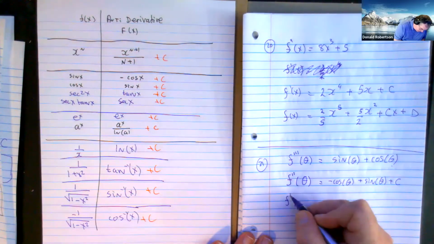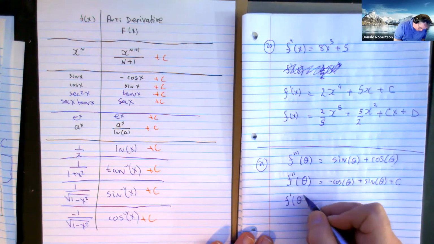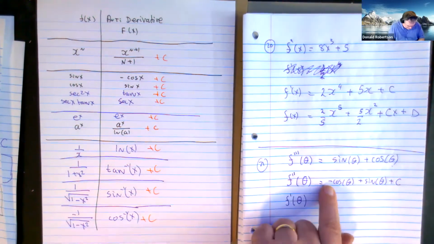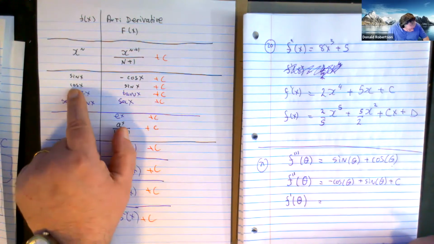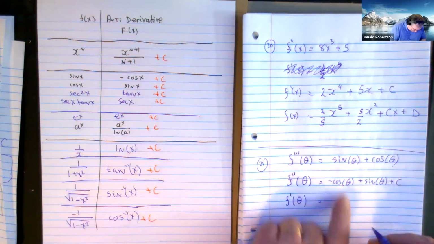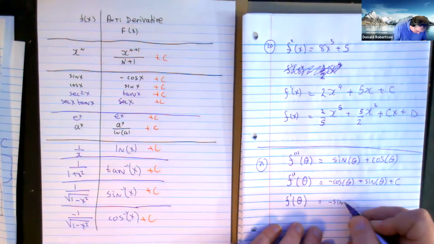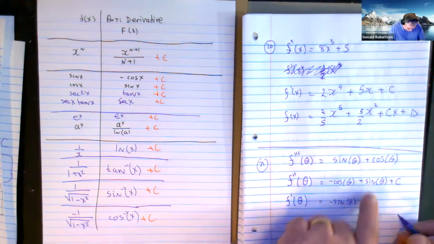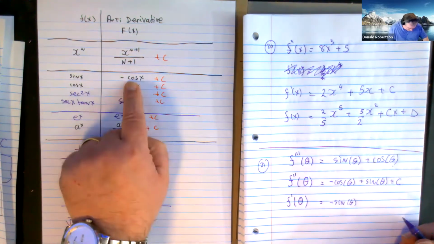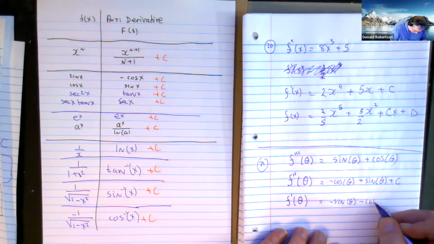If I now find the antiderivative of a second derivative, I get a first derivative, a negative cosine, right? Well, if a cosine gets you a sine, a negative cosine will get you a negative sine. A sine, its antiderivative gets you a negative cosine.